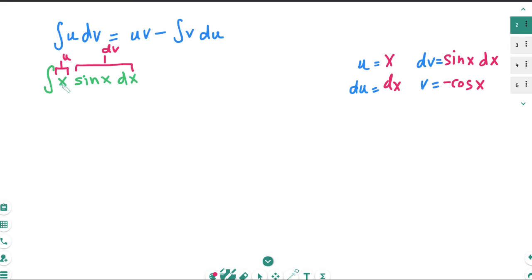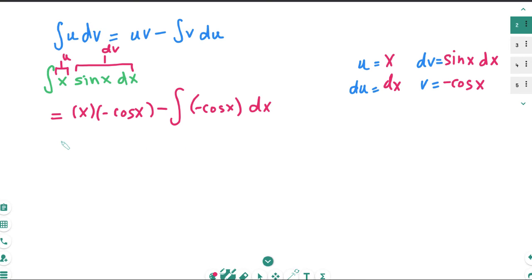So the integral of x sine x dx is the product uv. u is x, v is minus cosine x. So the product is x times minus cosine x, minus the integral of v du. v is minus cosine x and du is dx.